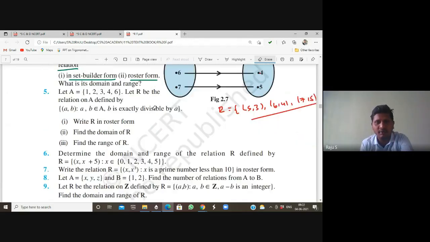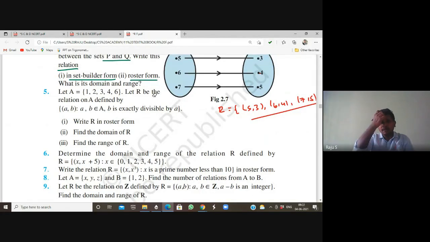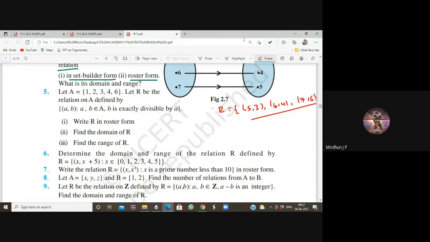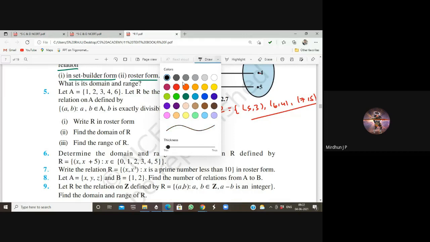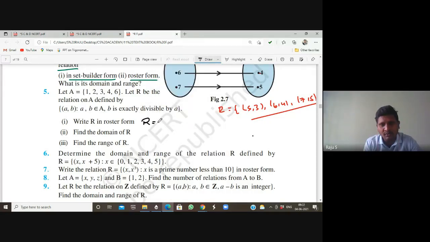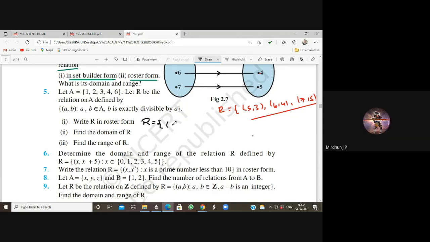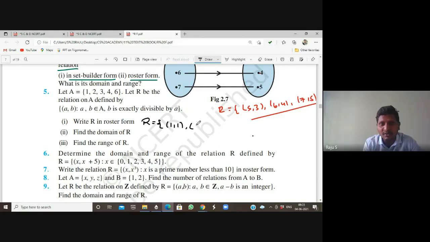Coming to question number 5. Here A is given as 1 to 6, and R is the relation defined by (a, b) such that a belongs to A and b is exactly divisible by a.